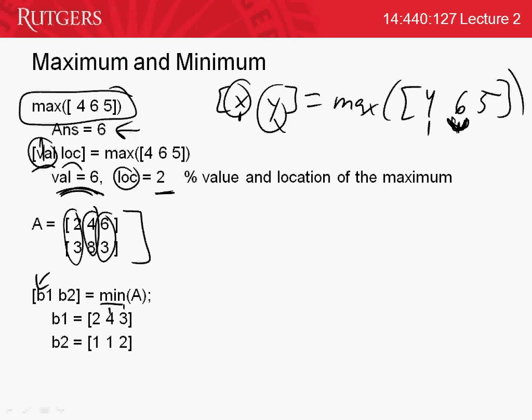The second variable is going to be the locations. So essentially, which row contains the minimum in each column. So in the first column, the first row has the smallest. In the second column, the first row again contains the smallest. However, in the third column, the second row contains the smallest. Okay, great.